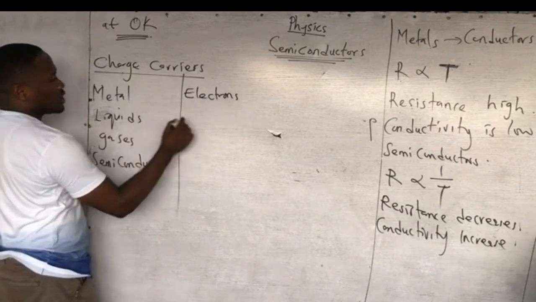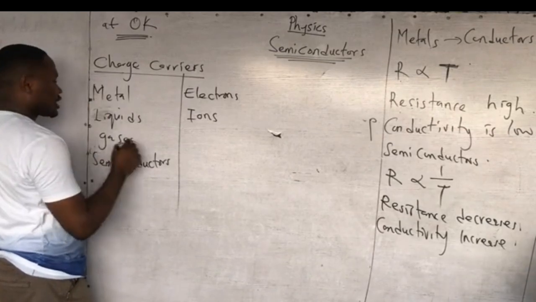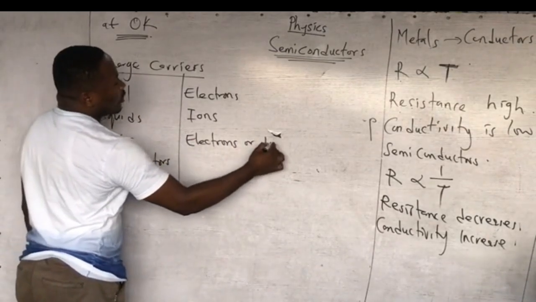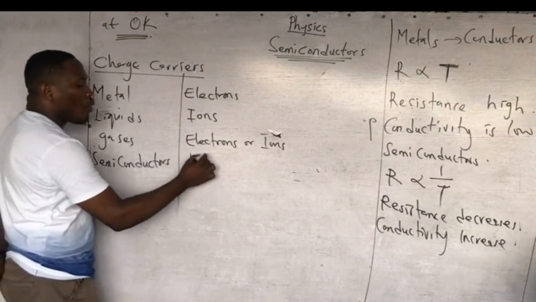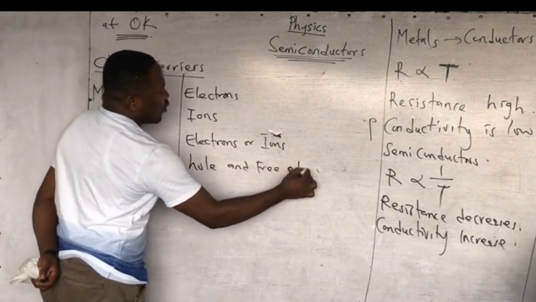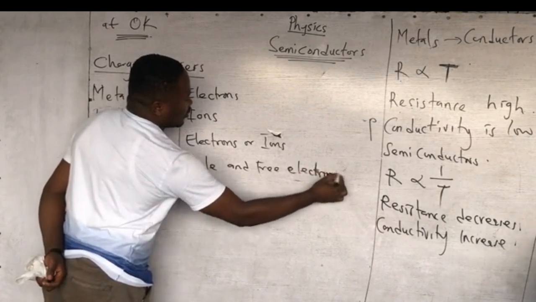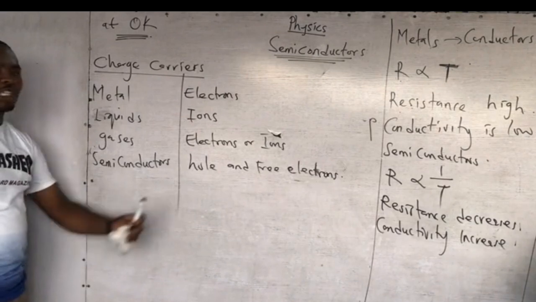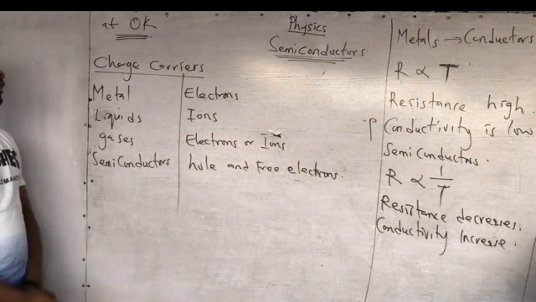Charge carriers in liquids are ions. Charge carriers in gases are electrons or ions. Then charge carriers in a semiconductor are holes and free electrons. These are the charge carriers in a semiconductor: holes and free electrons.